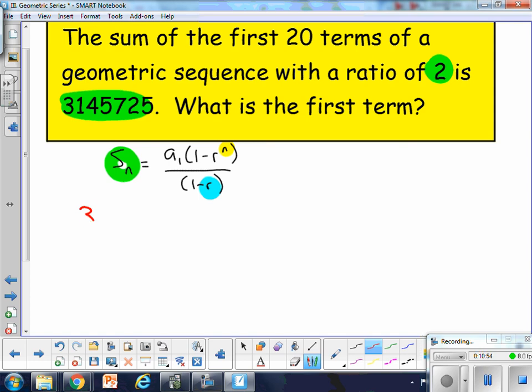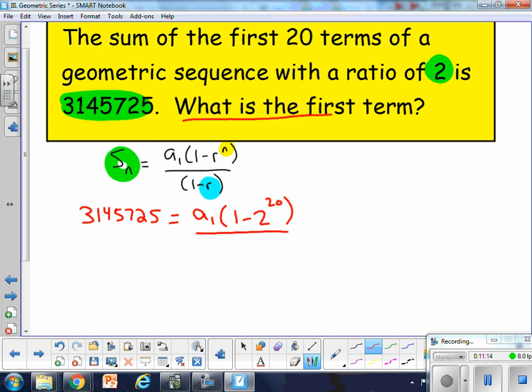The sum again is that big sum, 314,572,5, equals, okay, a1 we don't know. We're trying to find what the first term is. That's our unknown. 1 minus the ratio is 2. There are 20 terms, so 2 to the 20th, all over 1 minus 2.